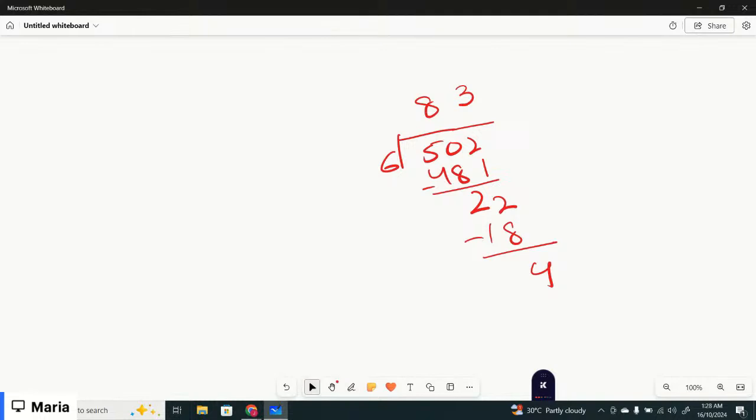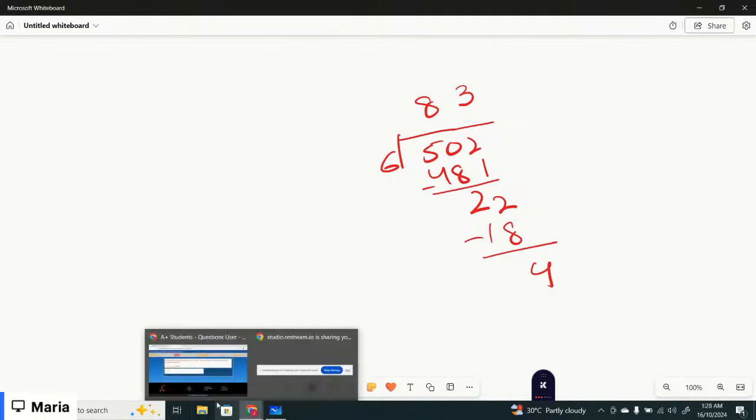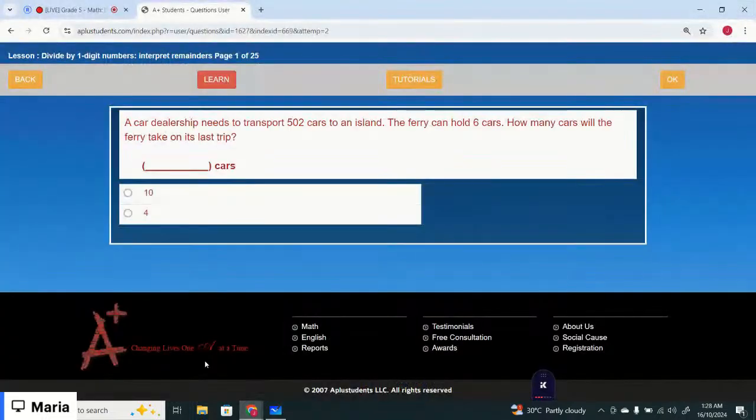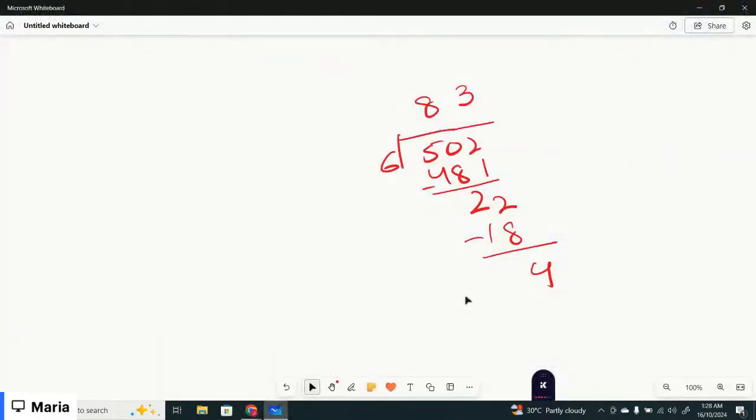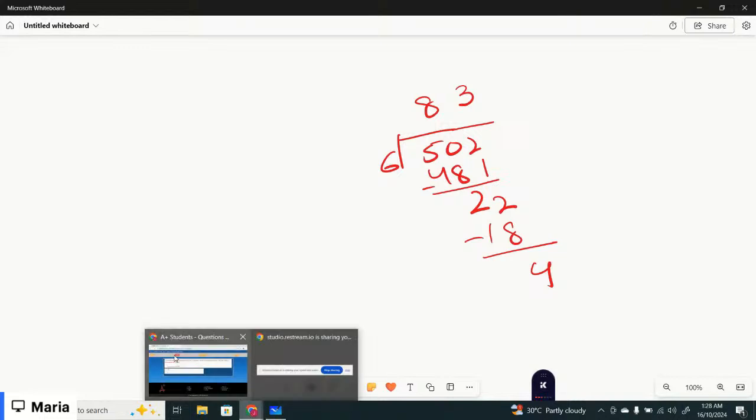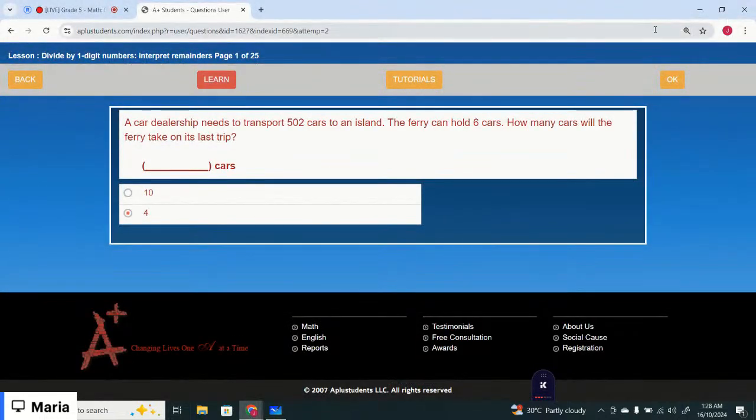So 502 divided by 6 has a remainder of 4. That means on the last trip, the ferry can hold 4 cars. Got it? The correct option is 4. Option number 2 is the correct option.